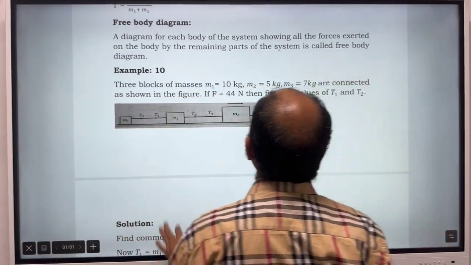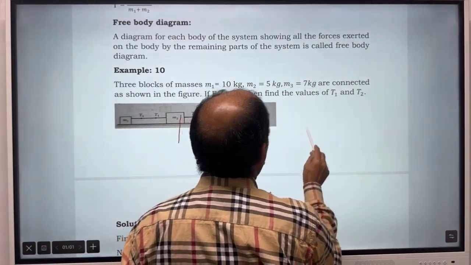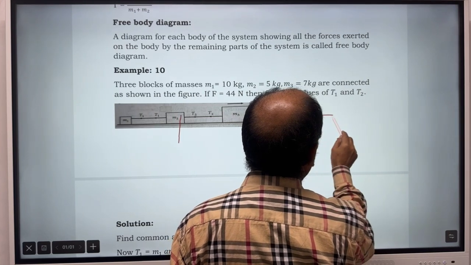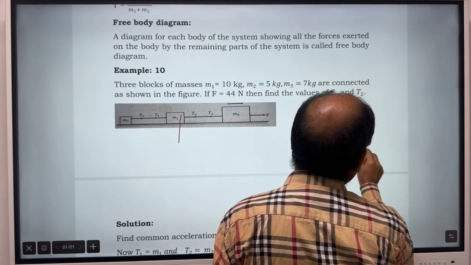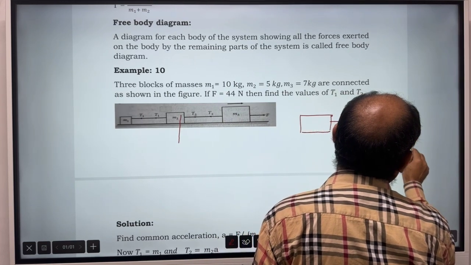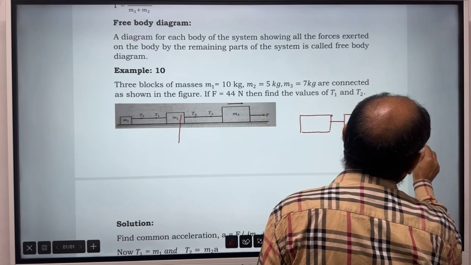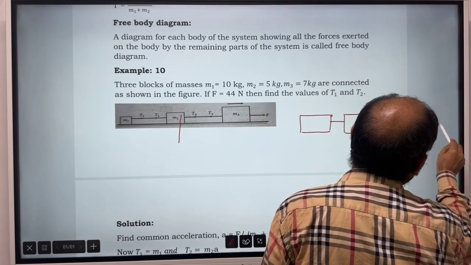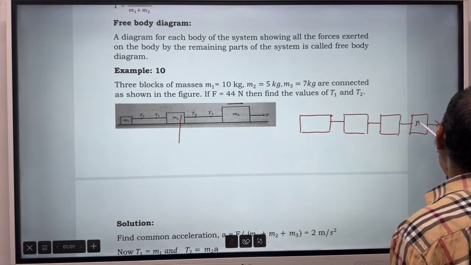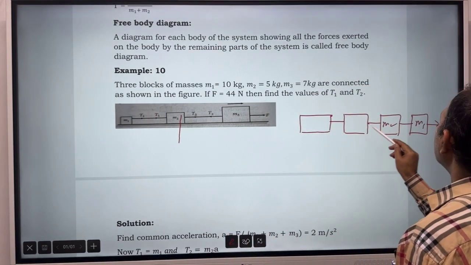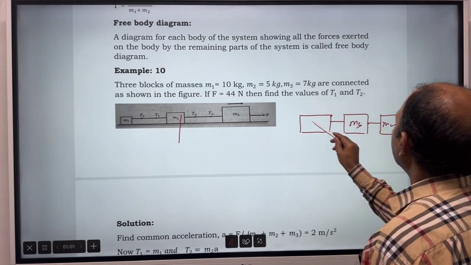What happens if many bodies are there? Suppose this is one body, this is another body, then next body, then next body, and after that suppose force F is there. So here say this is M1, this is M2, this is M3, this is M4.